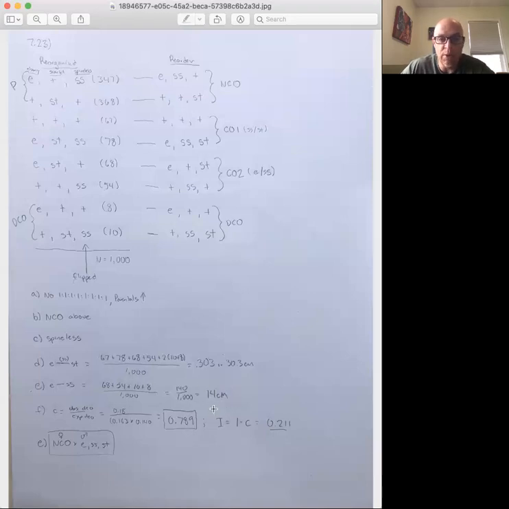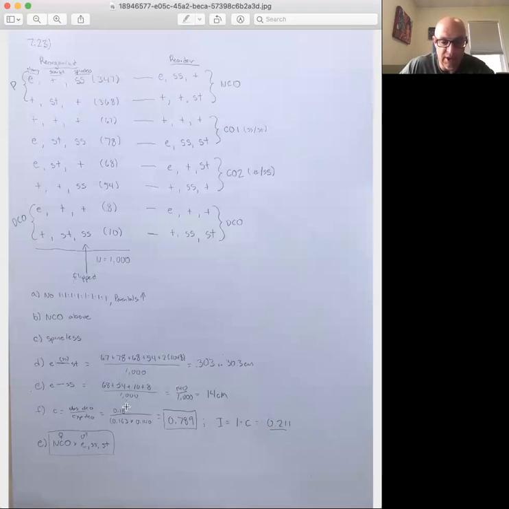Now, F says, what is the coefficient of coincidence? Coefficient of coincidence equals the observed number of double crossing overs over the expected number. Now we have those observed numbers, 10 and 8, so that is 10 plus 8 is 18 divided by 1,000.